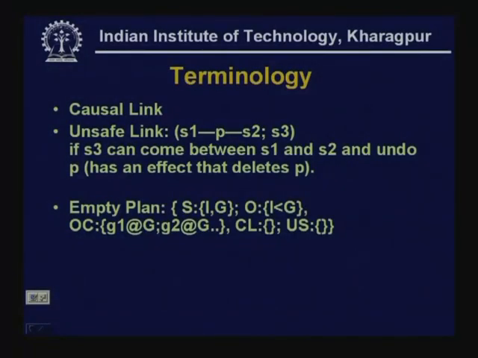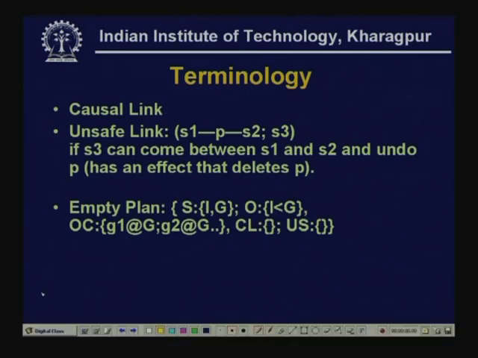In the empty plan, we start with an initial state I, a goal state G, and we assume that I precedes G. There is an ordering between I and G. At G the preconditions that have to be satisfied are, suppose G is G1 and G2.